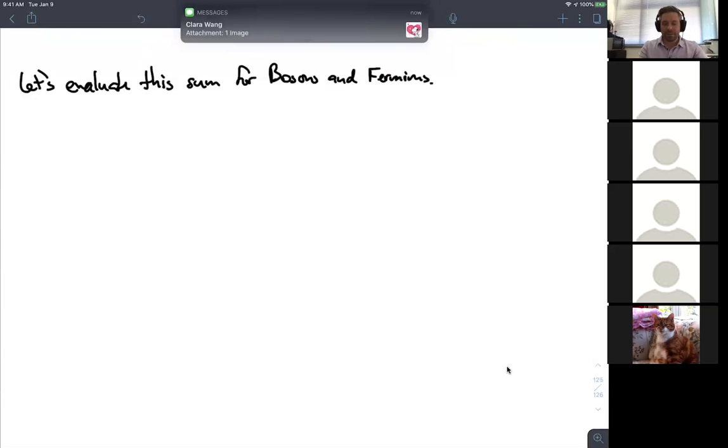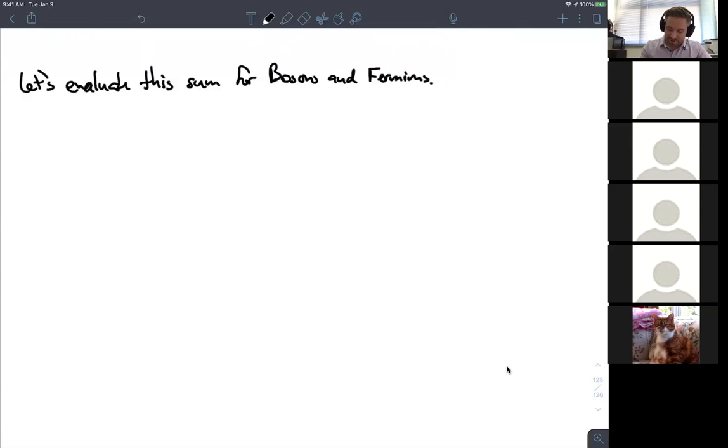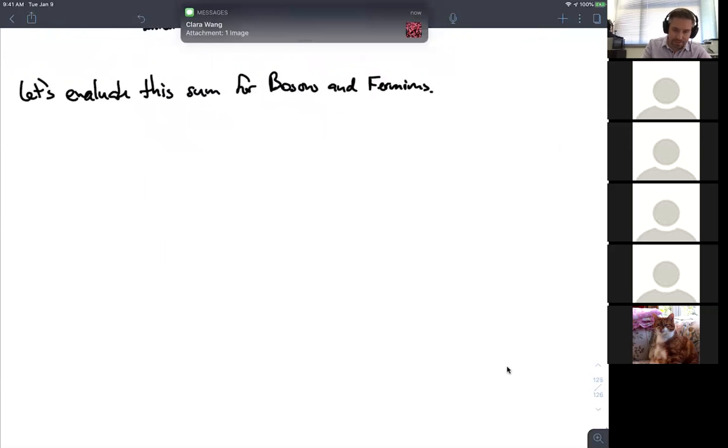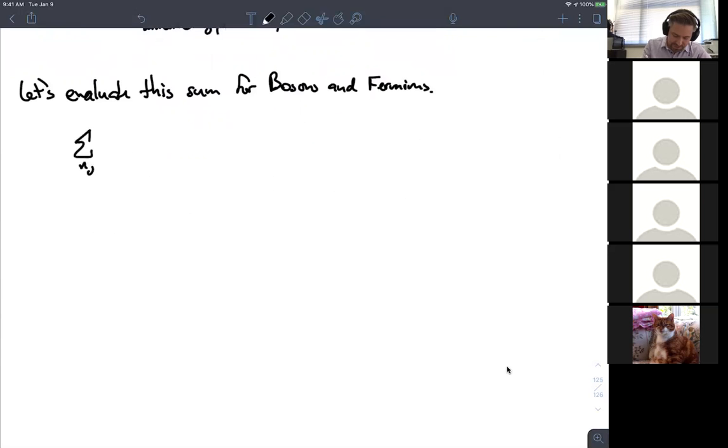Again, the sum that we want to evaluate is the thing inside the brackets of our grand partition function: the sum over all appropriate occupation numbers of e to the minus beta epsilon minus mu n alpha. First, let's do it for fermions, because they're the easy ones.